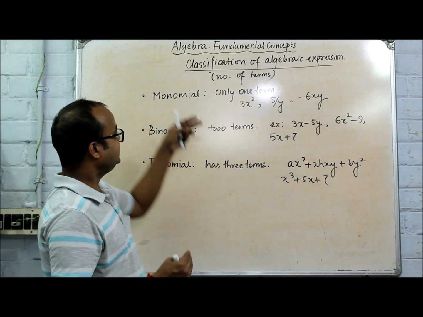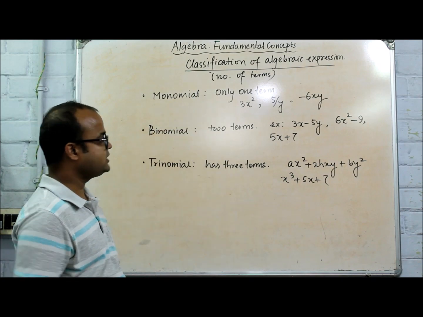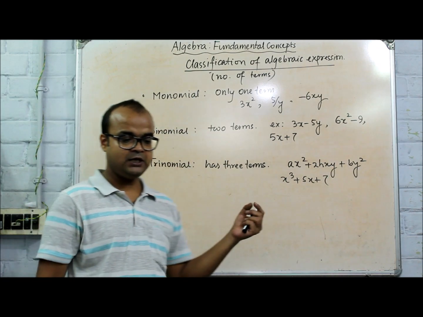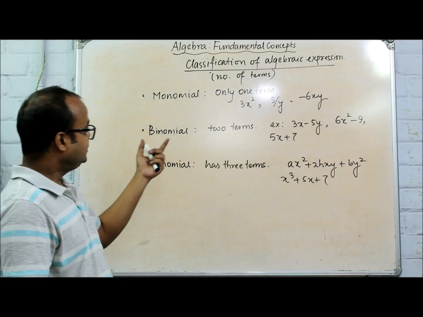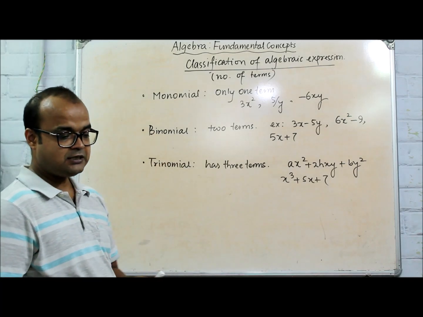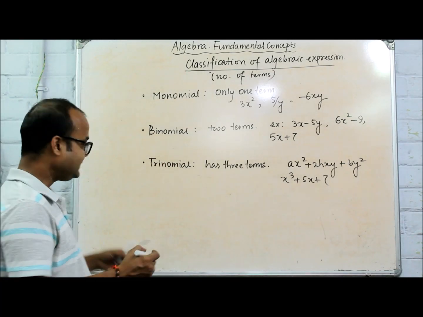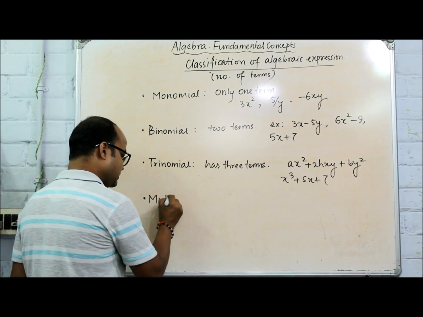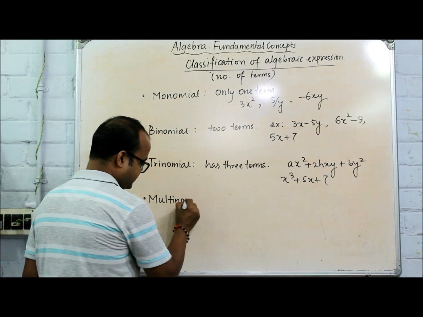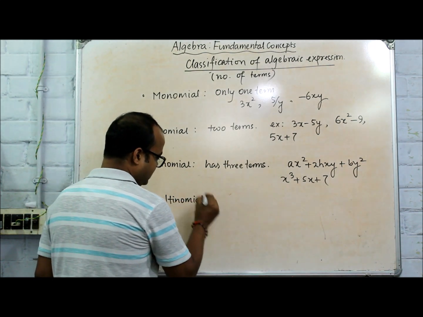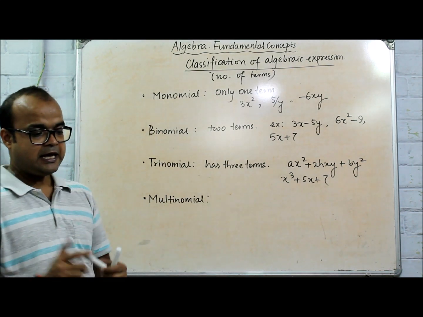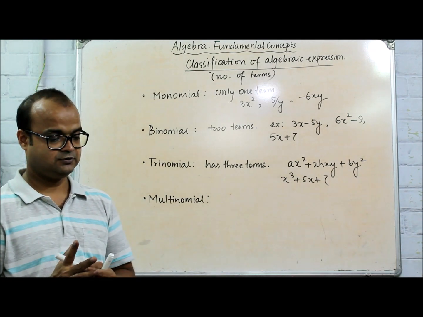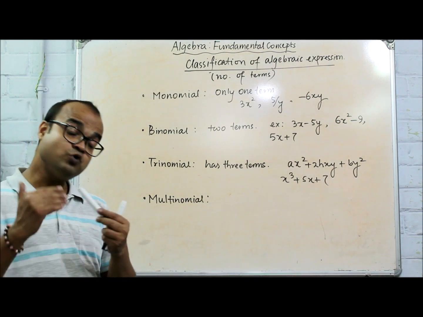That means if it is one term, we call it a monomial. Binomial has two terms, trinomial has three terms. Then we call it a multinomial. What is multinomial? It has more than three terms.